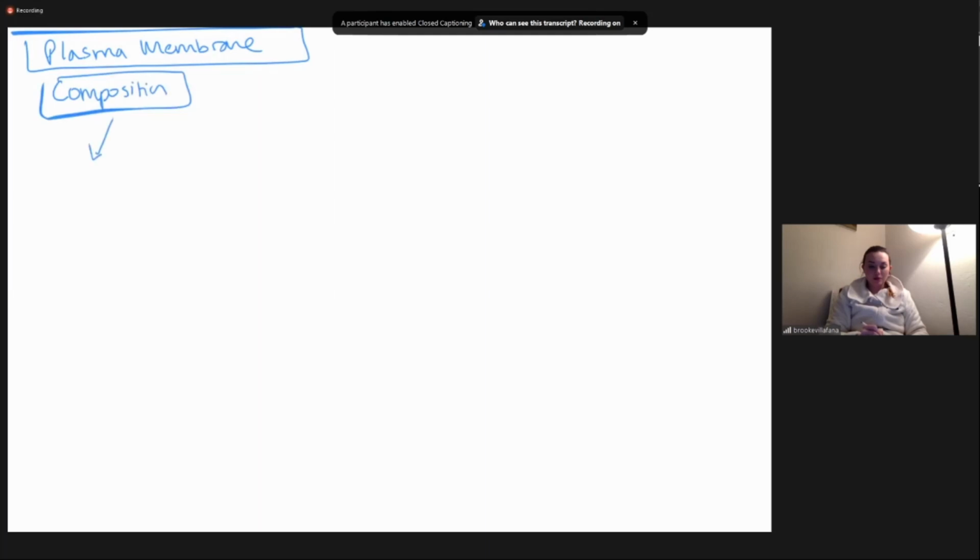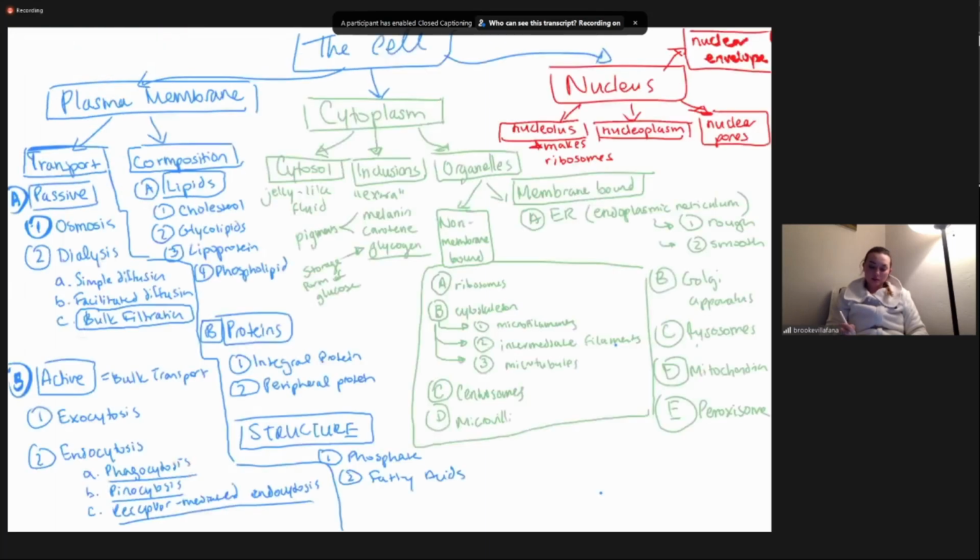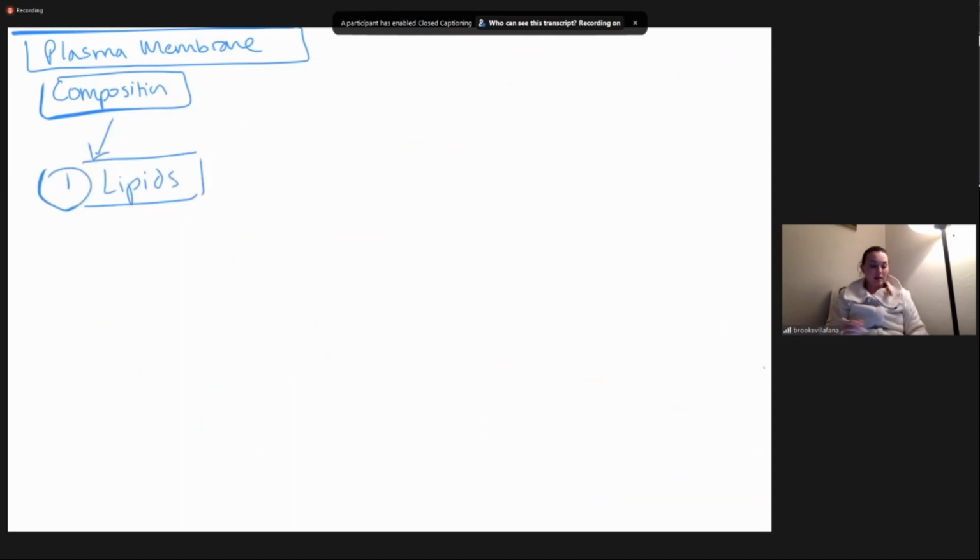All right, so for the next part of the plasma membrane, we're still talking about composition, and now we're going to be talking about the lipids. So let's go back to the outline real quick and I'll show you to remind you. So the first one is lipids. So if we look at our little outline, right, we're right here, lipids. So when we look at lipids, which lipids are found in the plasma membrane? So first, we have our phospholipids.